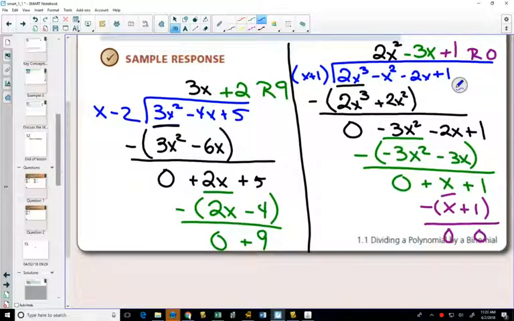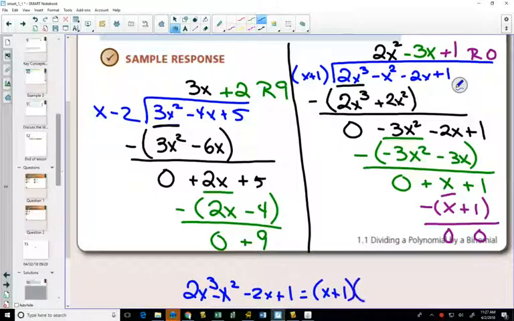It means that 2x cubed minus x squared minus 2x plus 1 is equal to x plus 1 multiplied by 2x squared minus 3x plus 1, with no remainder.